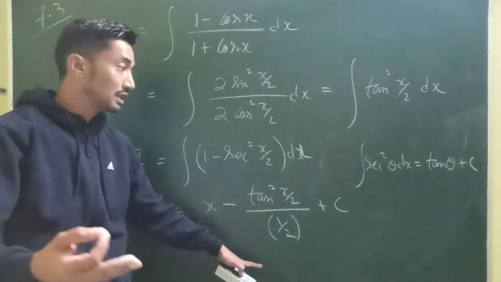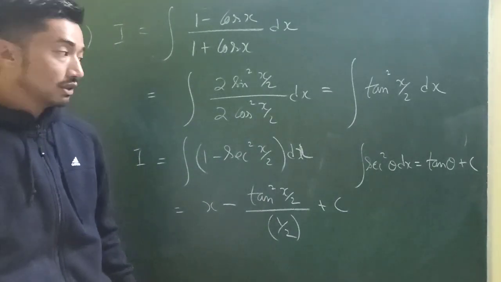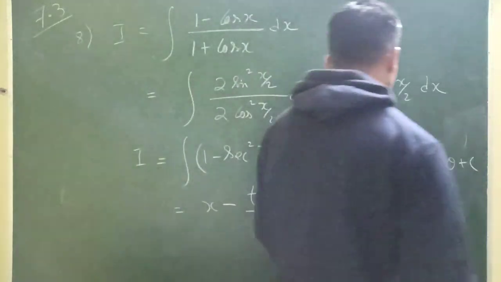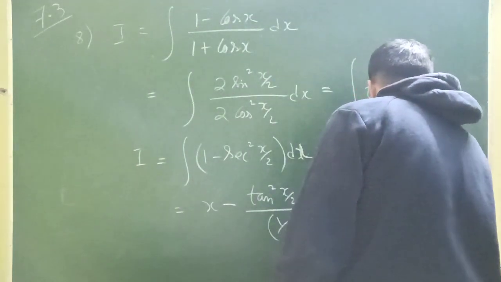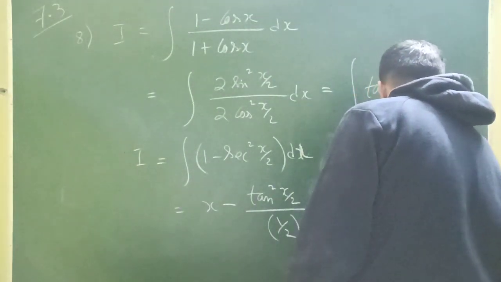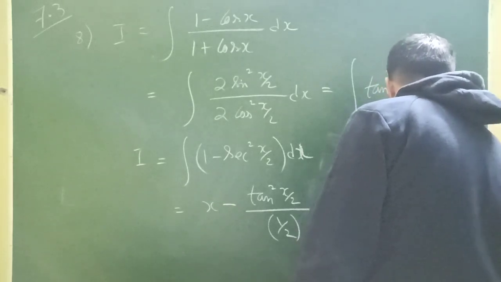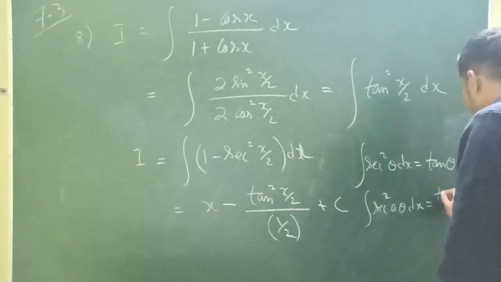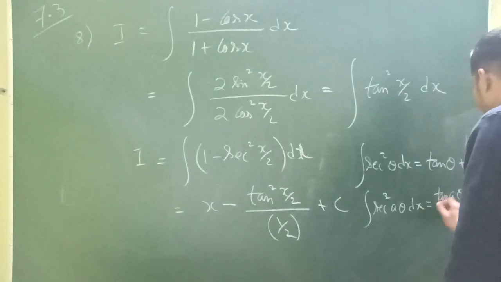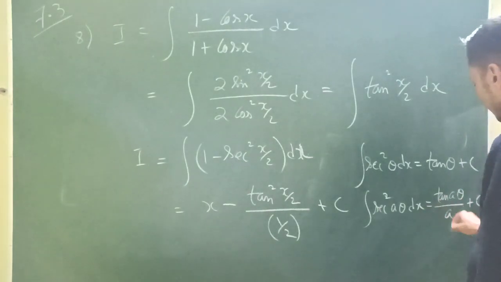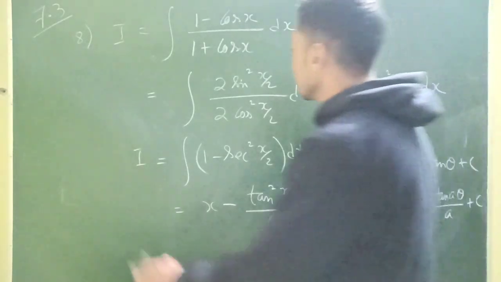That substitution method which we had already mentioned before. So that means here it's going to be like sec square a theta. Similarly, I had actually told you about this. That will be what? Tan of a theta, where a is just another constant or the coefficient of the variable term here, divided by a. Alright?